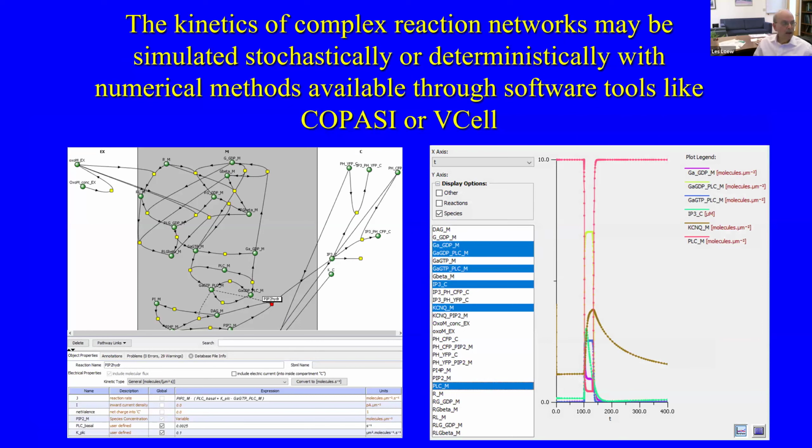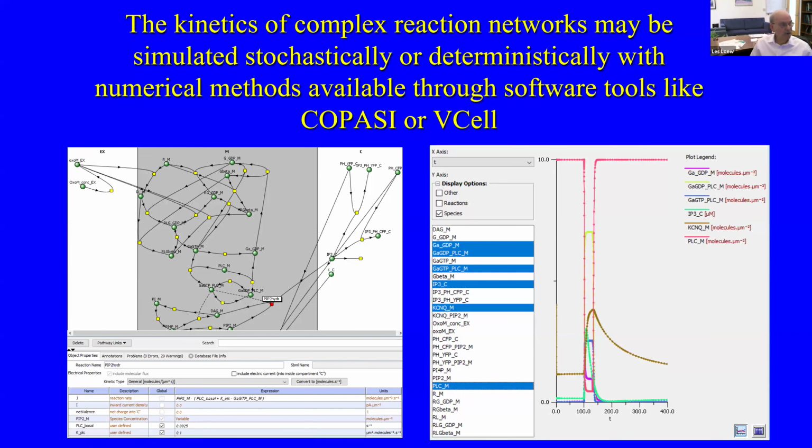And then you can use numerical methods for both stochastic and deterministic models using either Copasi or VCell. Both will give you basically the same capabilities, the same solutions for these kinds of problems.